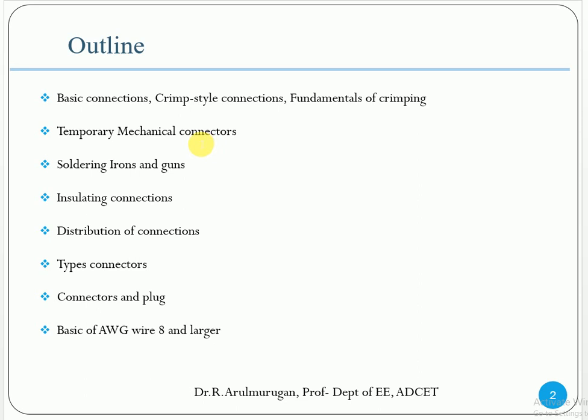The next one is the soldering iron and soldering gun. What is the purpose of the soldering iron and soldering gun? Simply to say, if I want to join two papers, what do I need? Gum is needed. Similarly, I want to connect two wires strongly.